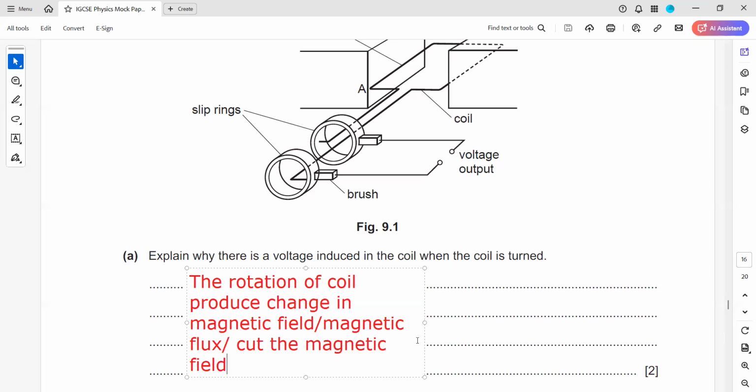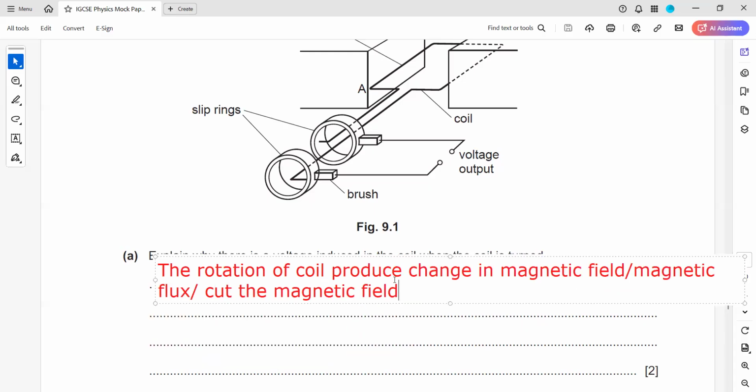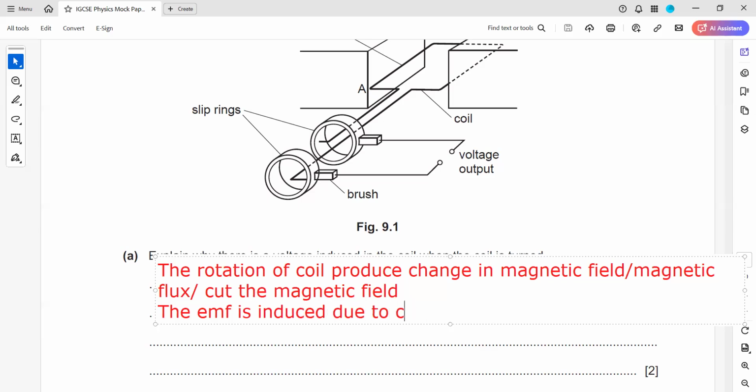So rotation of the coil produces a change in magnetic field, or a change in magnetic flux, or rotation of the coil cuts the magnetic field, and the EMF is induced due to the change in magnetic field.